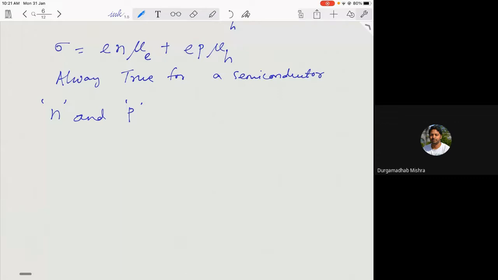We again take the concepts that we already developed about density of states and the probability distribution.